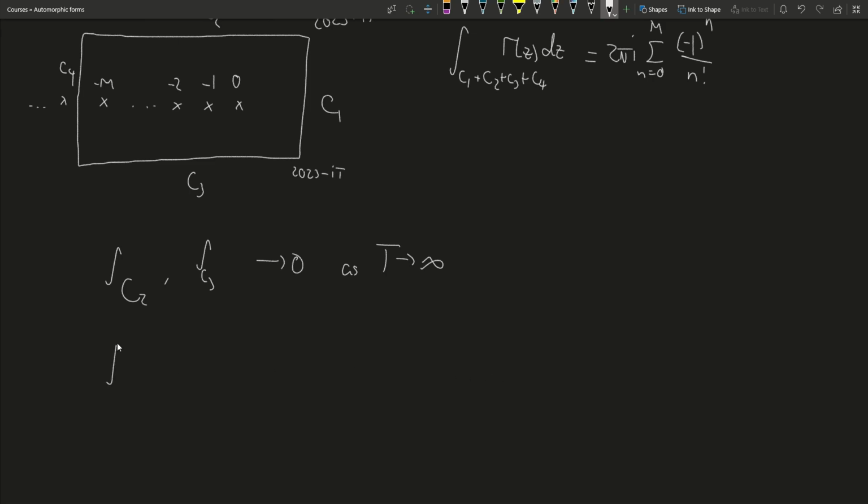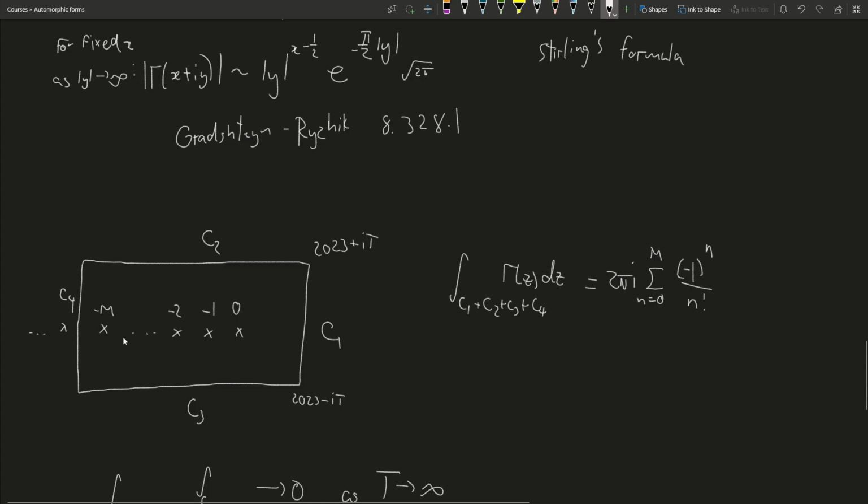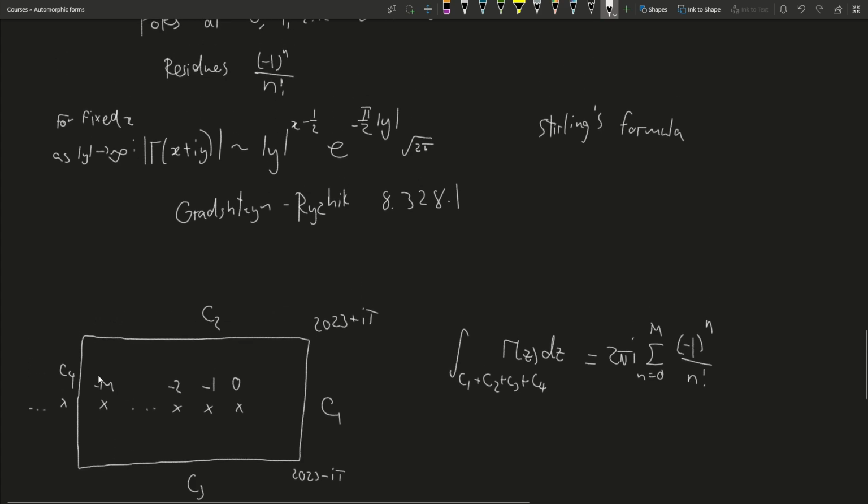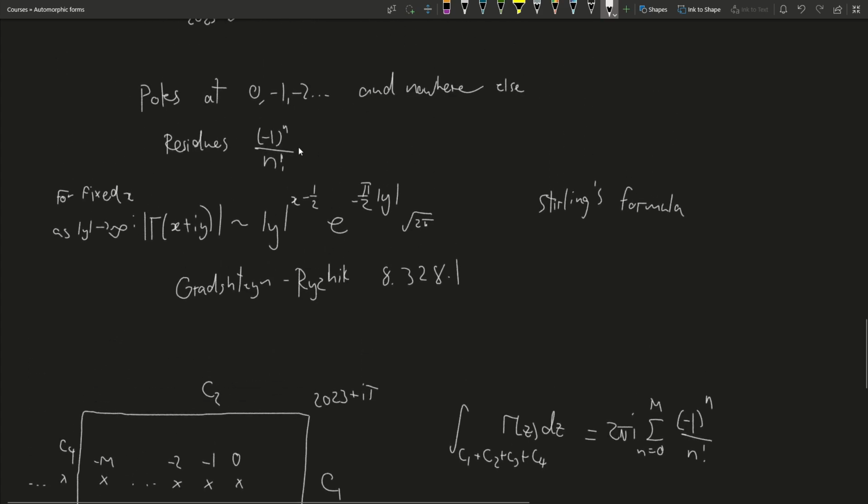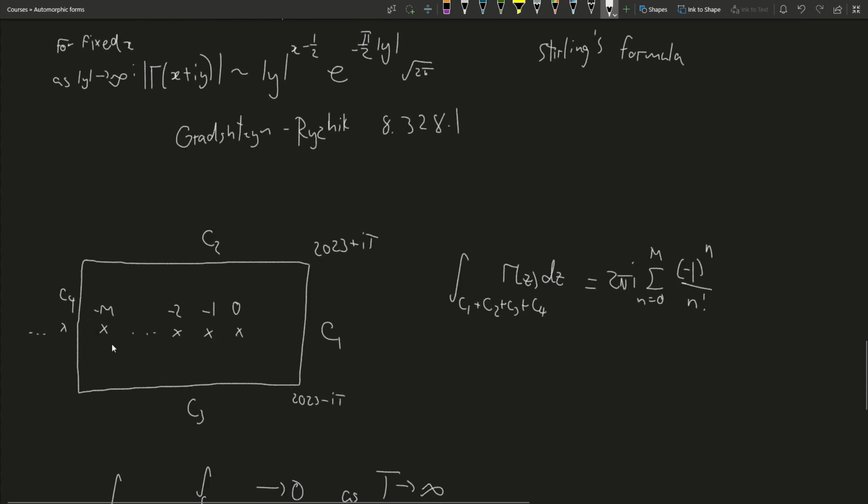Then for the integral along C4, this one where we've sort of threaded the needle, this goes to 0 as m goes to infinity, and the reason for that is that the residue at m is something like 1 over m factorial, right? So it's very small. So the value of the function here, in general, is going to be very small.